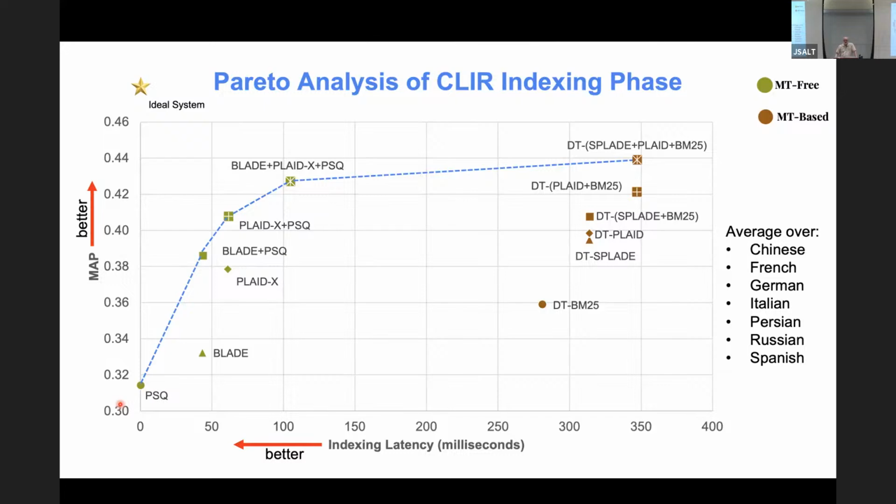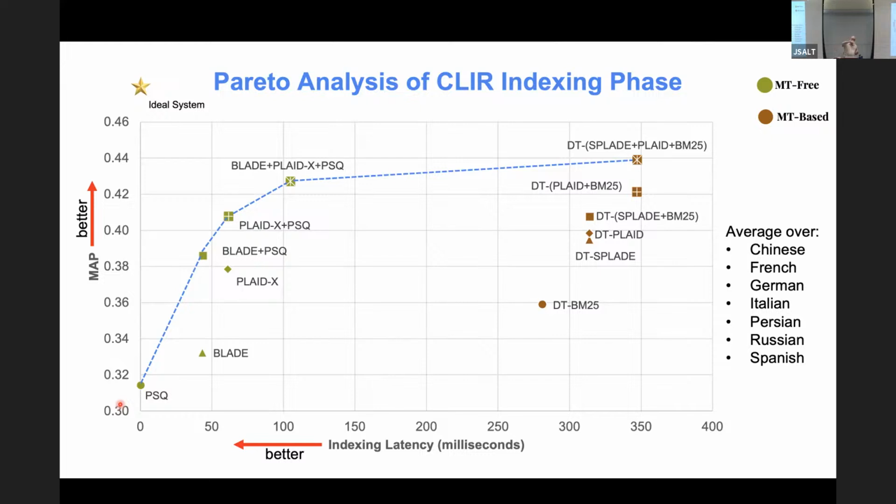So the ideal system would be somewhere way up above here on the upper left-hand side, where you get very good performance with no latency. And the relationship between effectiveness and efficiency is not a single value.